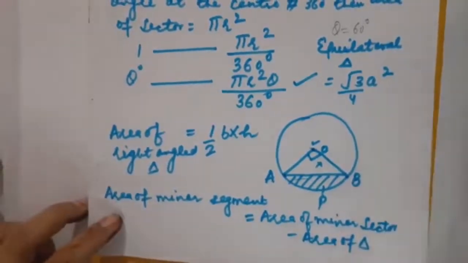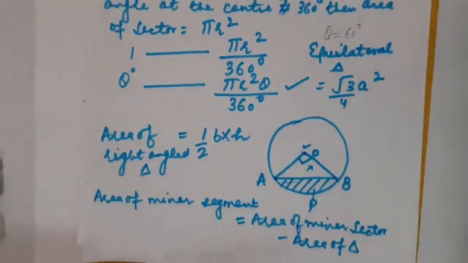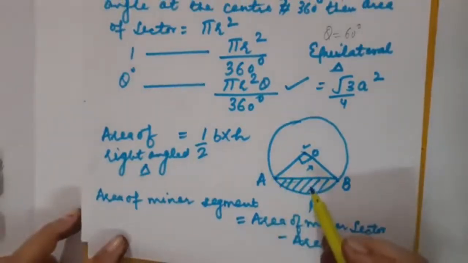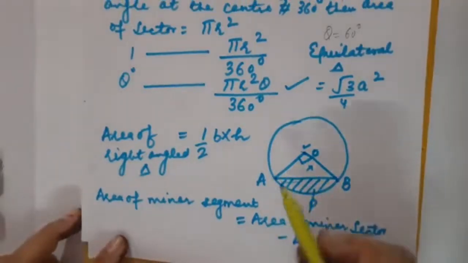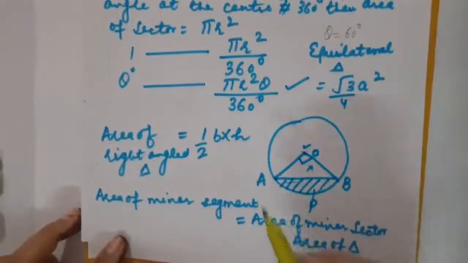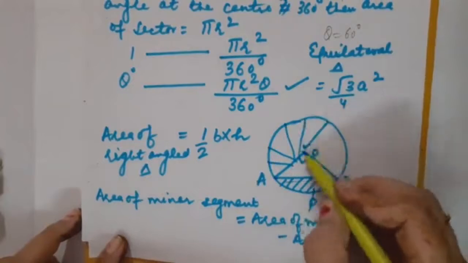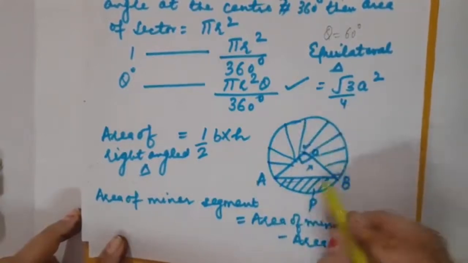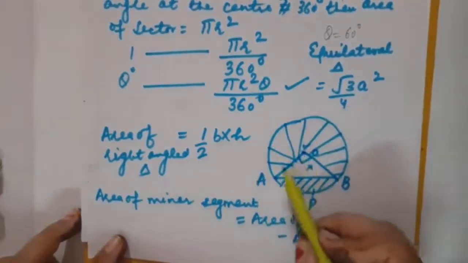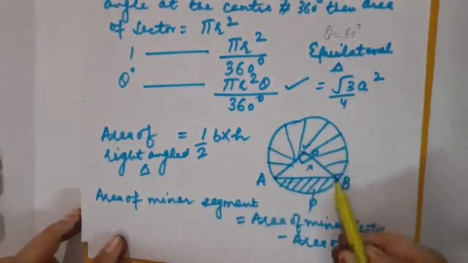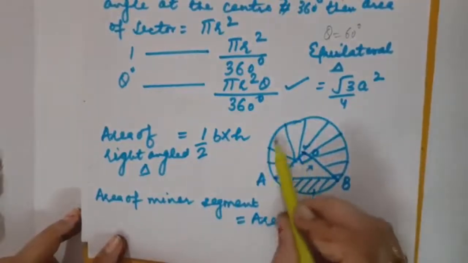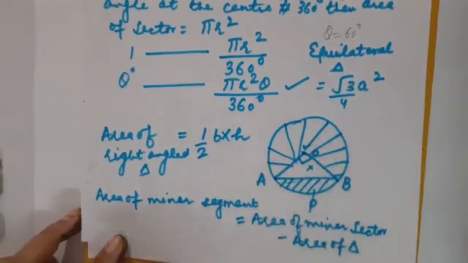Got it or not? Now children, in the same figure I am going to explain to you. Suppose you have to calculate the area of the major sector. First of all, I am going to shade the major sector, this complete part. How will you give the name? OABO. Correct? This is the complete major sector. So how to calculate its area now?